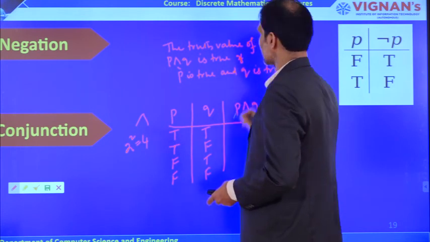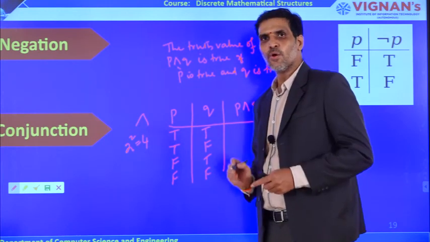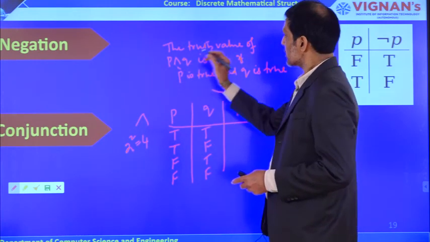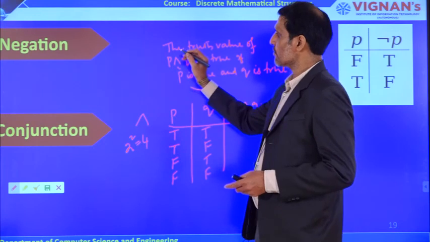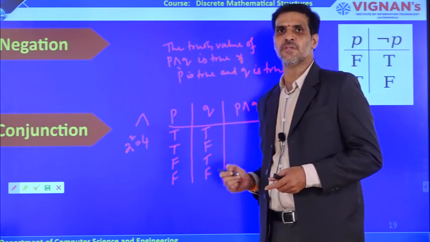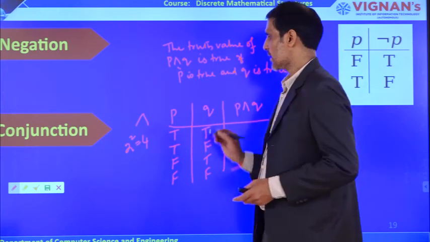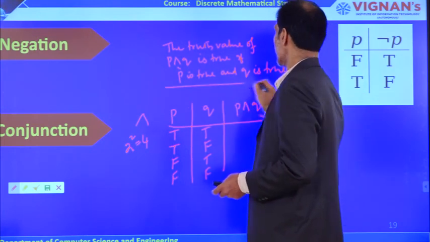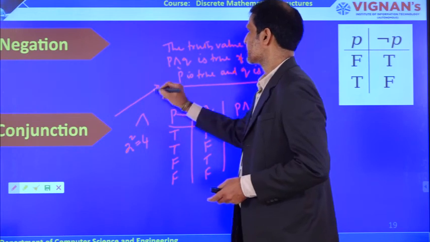If both the statements are true, then only the truth value of the compound statement formed by the conjunction of two propositional variables is true. That is the basic definition of a conjunction.